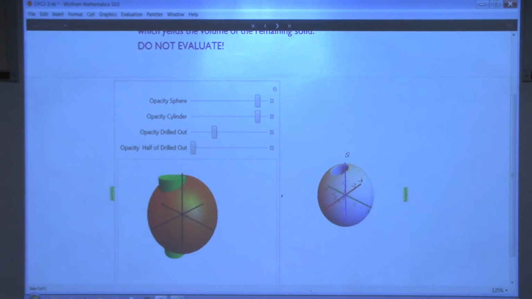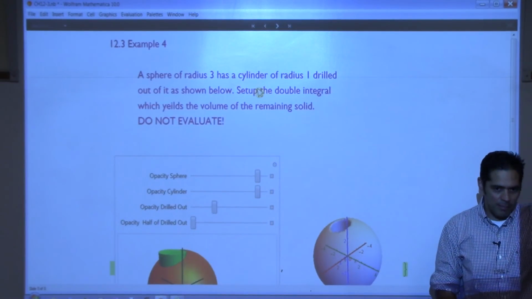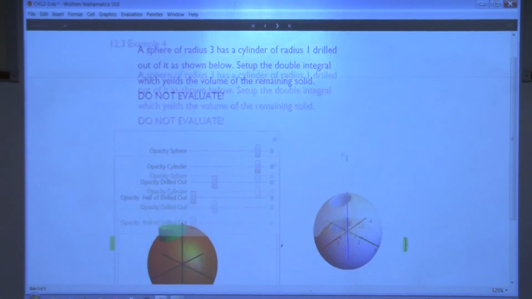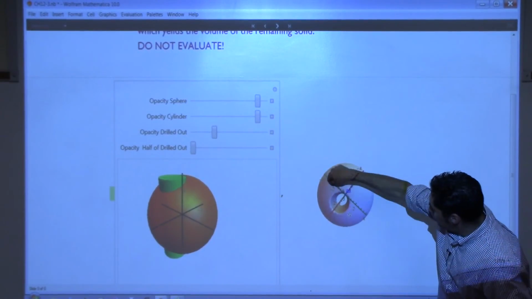So the idea here is that the radius of the sphere is 3. And I come in here with a drill bit that has a radius of 1. But I'm not going right through the center of the ball. That would be too easy to find the volume. Instead, this is the x-axis, by the way, this is the y-axis.